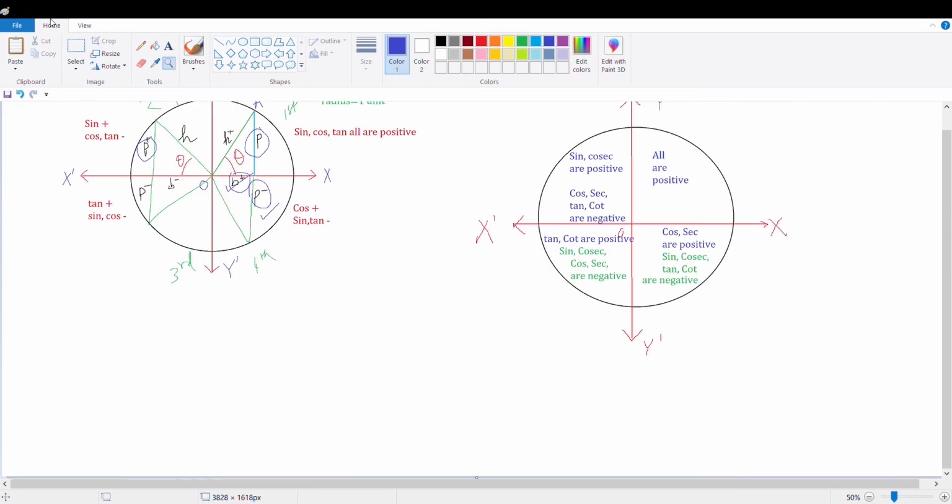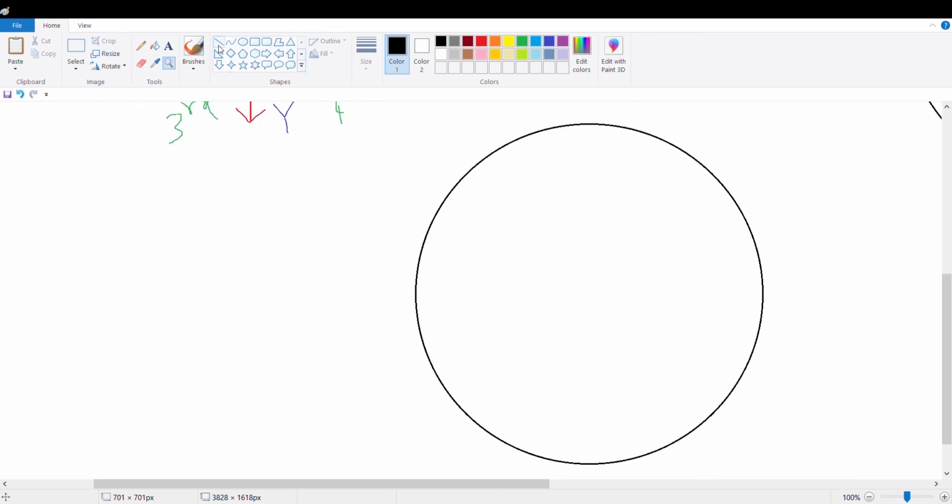Wait, here I am drawing another circle, and if you see, if I take this much angle, okay, what will be the measure of this angle?